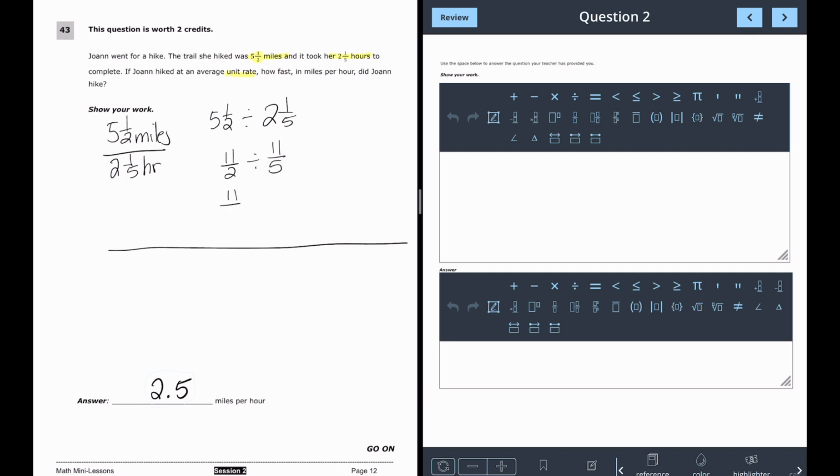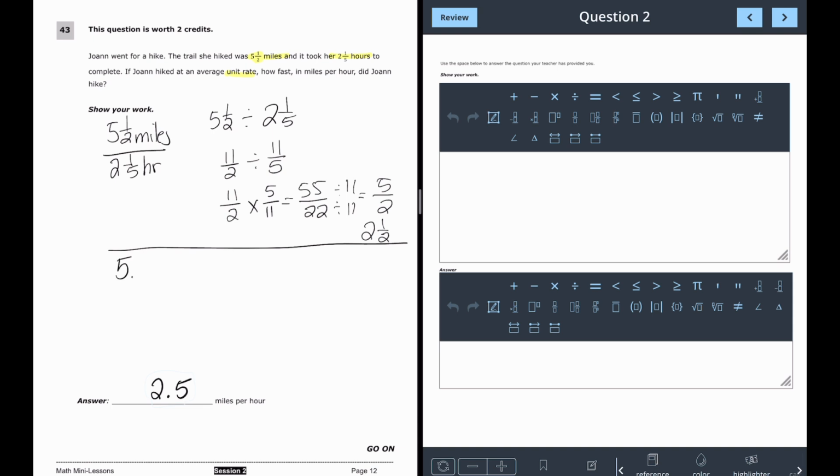And now I would rewrite this as a multiplication sentence, and you get 55 over 22, which you can now simplify. I'm going to simplify both of these by 11, so I get 5 over 2, which is the same as 2.5. So that's one pathway if you wanted to keep everything as fractions.